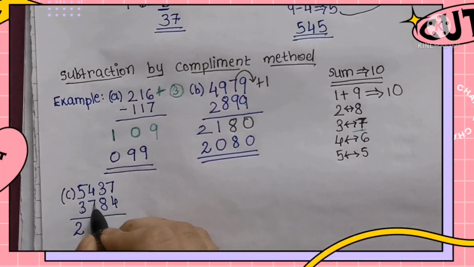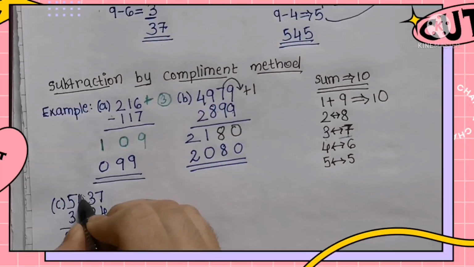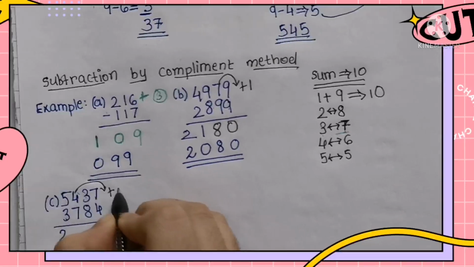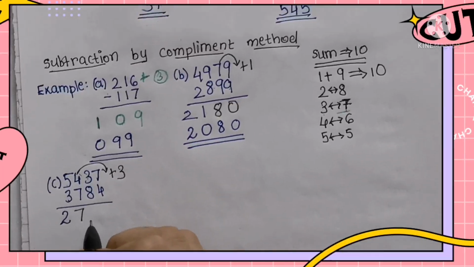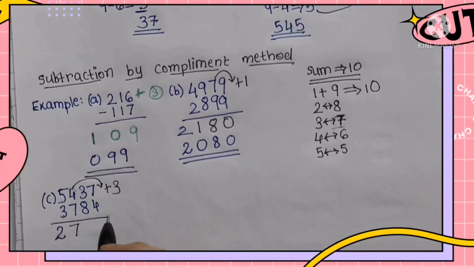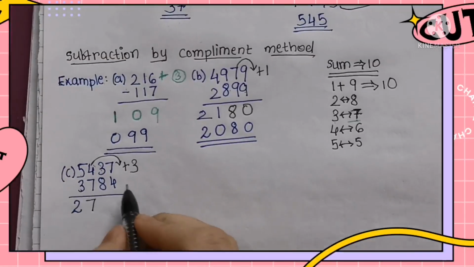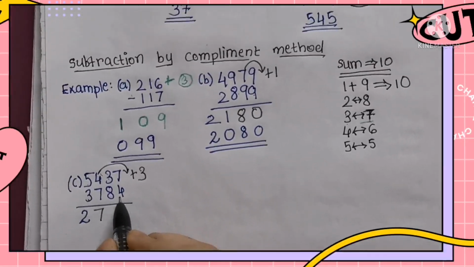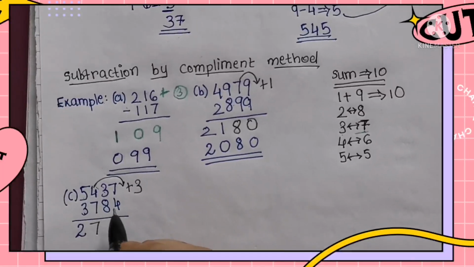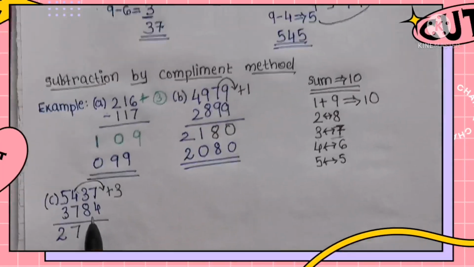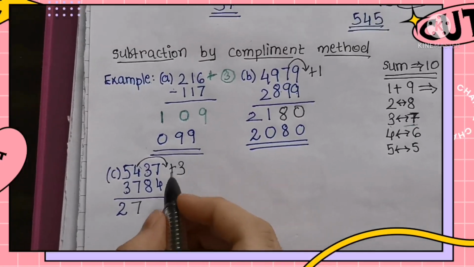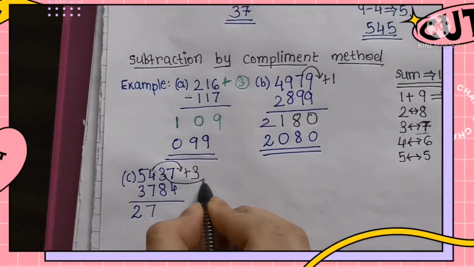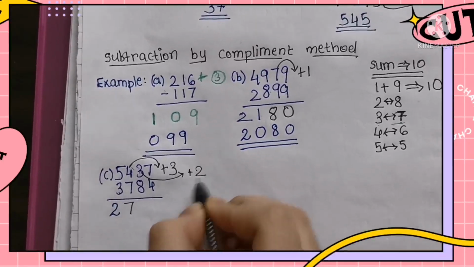The complement of 7 is 3, so we add 4 and 3. The answer we get is 7. Then moving on to the tens place, 3 minus 8 is also not possible, so we again use the complement method. The complement of 8 is 2, so we add 3 and 2. We get 5.